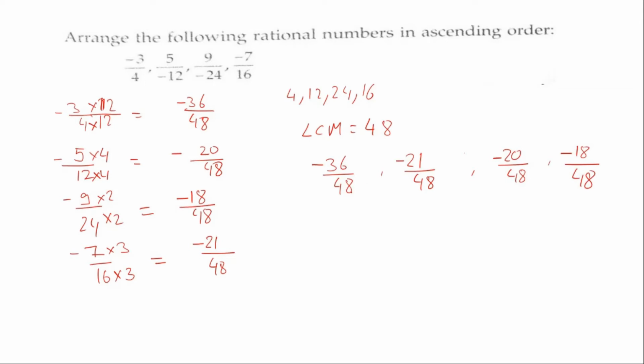Now I will write the original rational numbers. So it will be minus 3 by 4 is smaller than minus 7 by 16 is smaller than minus 5 by 12 is smaller than minus 9 by 24.